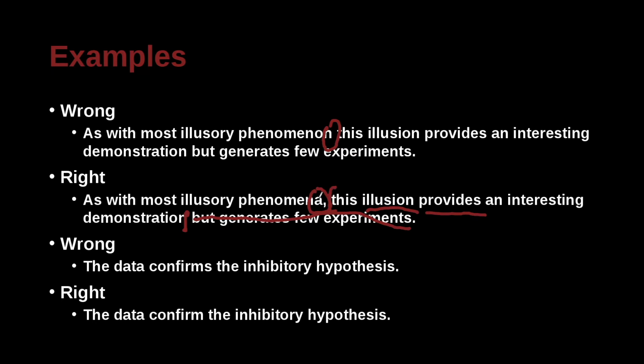That is dependent, or it has nothing to do with this. If it has nothing to do with it, then it would be totally independent, and then we'd have to use a conjunction like the word and. However, here we do not use and because it's not really independent. As with most illusionary phenomenon, it's more introductory.